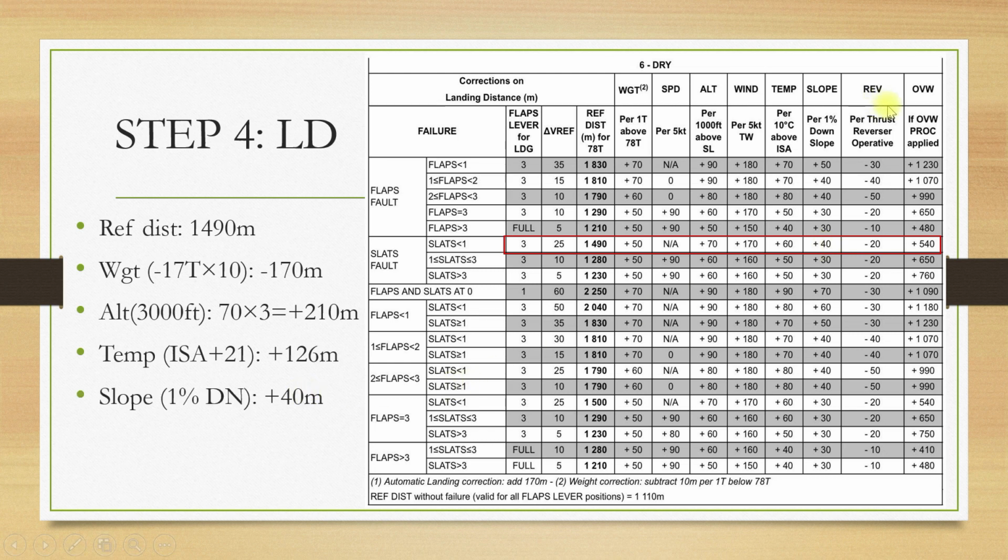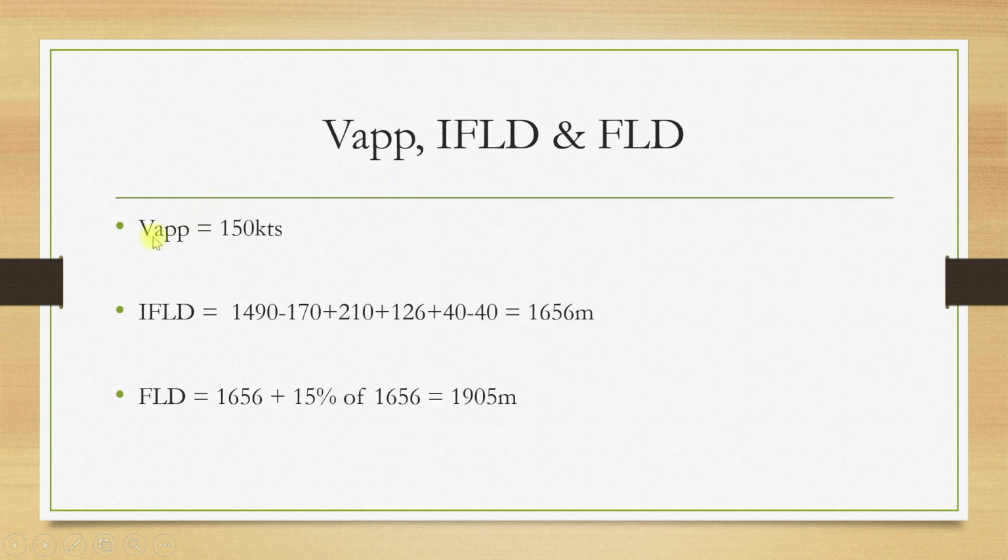Then we have thrust reverses correction. Per thrust reverser operative, subtract 20 meters. Since we have both the thrust reversers operative, we will subtract 40 meters. And then lastly, the overweight correction, which is not applicable to us because we are not overweight. So lastly, the approach speed comes out to be 150 knots as per the calculations shown.